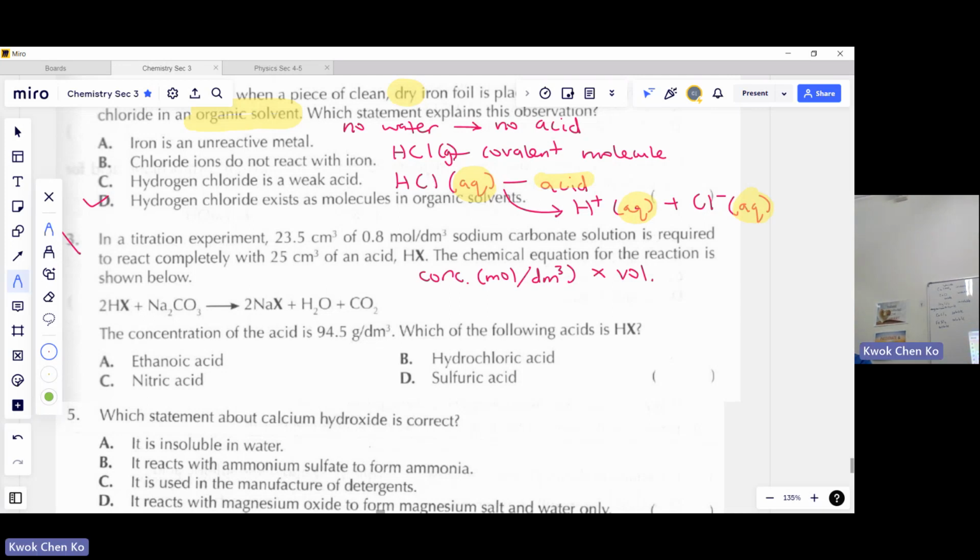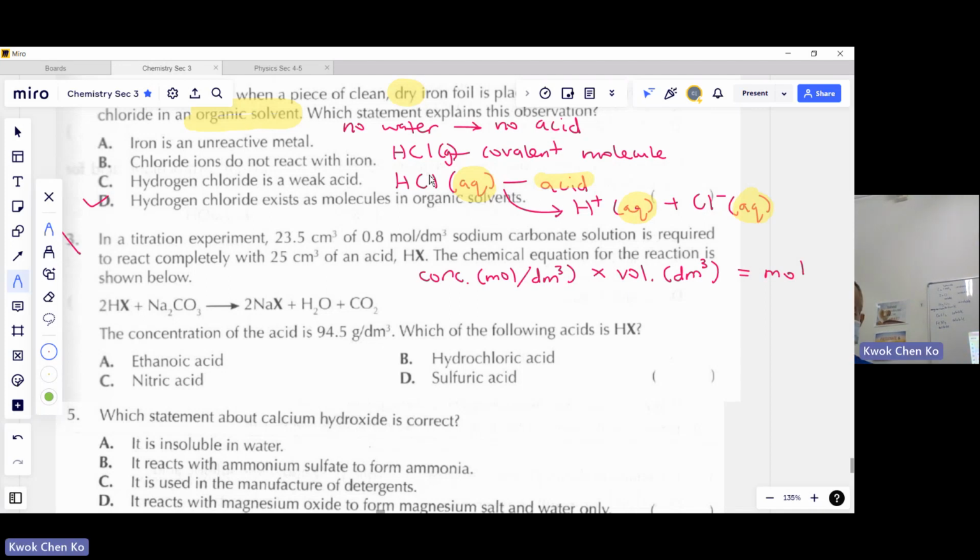Now, this is the tricky part. Volume must be in dm cube. A lot of students will forget. If you times these two together, you get moles. Please remember this formula. It will surely come out.